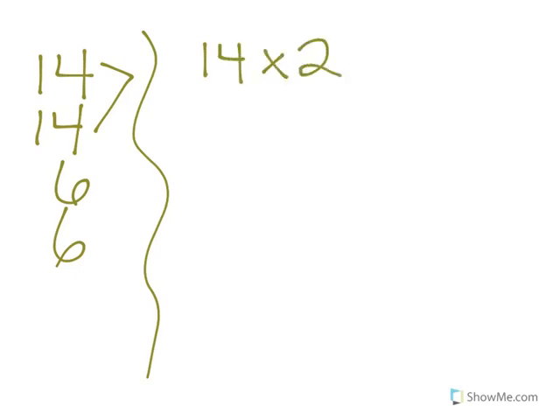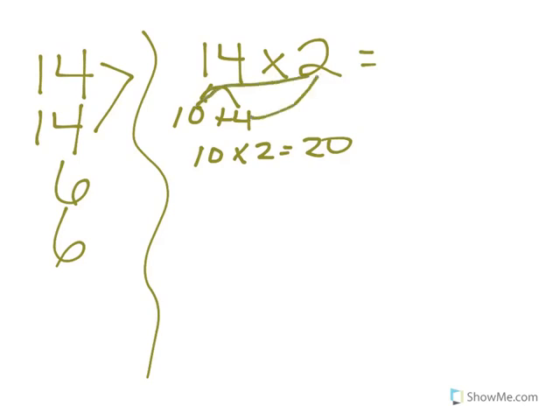So I know that to multiply that, if you think about it in your head, 14 is 10 plus 4, and I know that 10 times 2 is 20. I just multiplied these numbers. And then 4 times 2, this is my partial products method. So 4 times 2 is 8, and 20 plus 8 is 28.